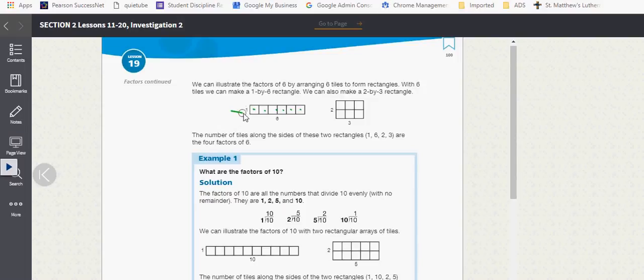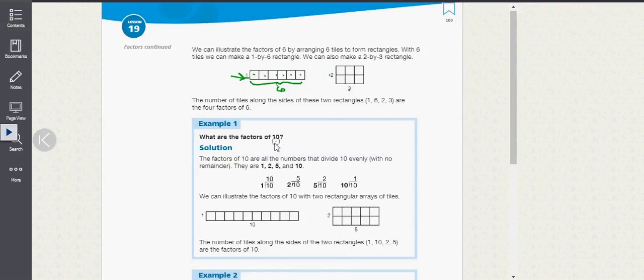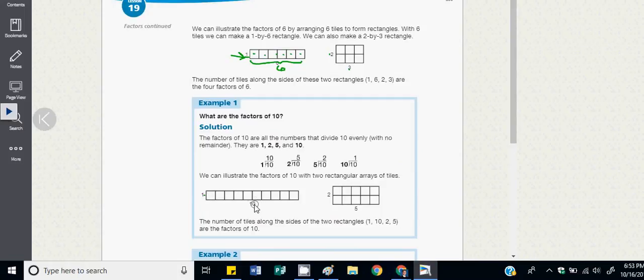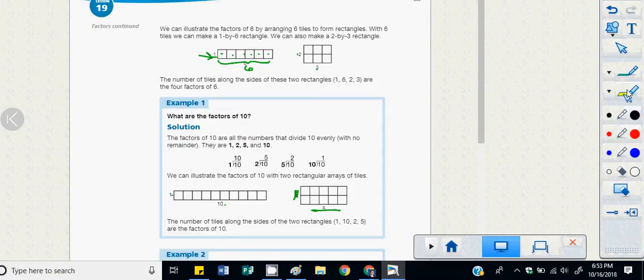So there's 1 box wide, so 1 is a factor, and 6 boxes long, so 6 is a factor. 2 and 3 are also ways to arrange it. 10 can be arranged a couple of ways: 1 box wide of a 10 box long row, or 2 rows of 5. So that illustrates in tiles the factors that go into some of these composite numbers.